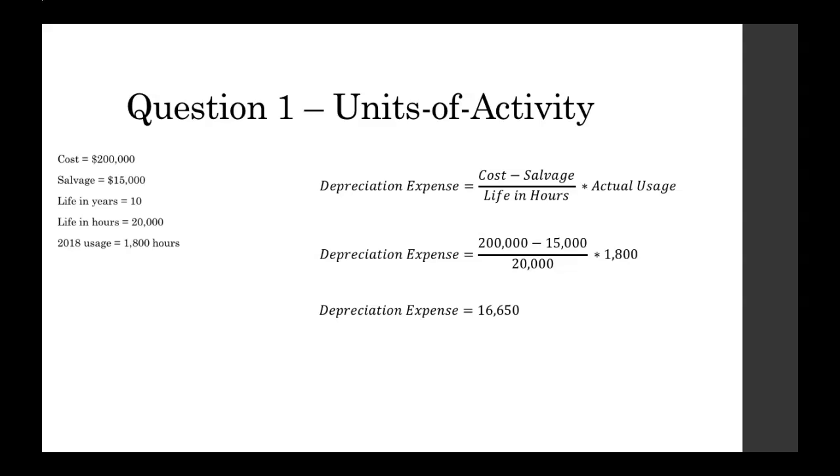That tells us that for each hour, we depreciated $9.25. And then you would take that $9.25, multiply it by the number of hours that you used it for, that 1,800, and that is how we end up with our 16,650.